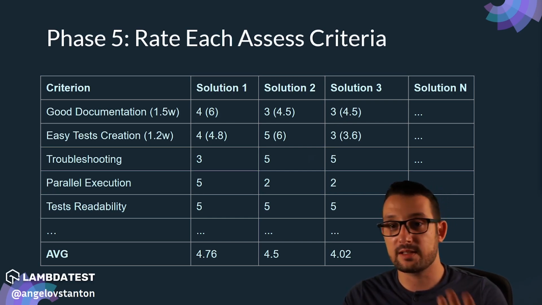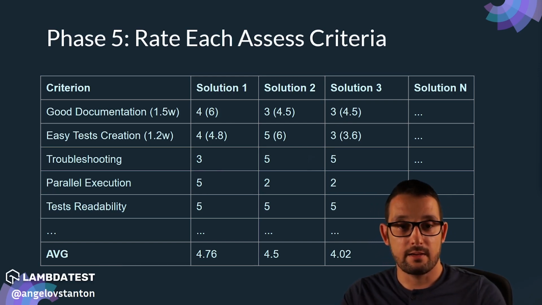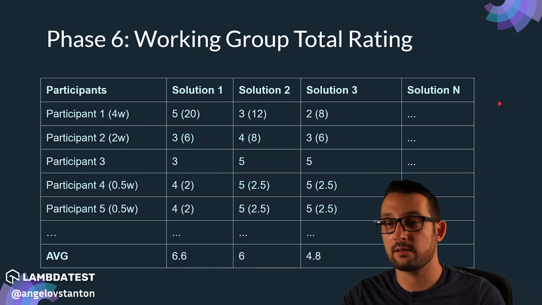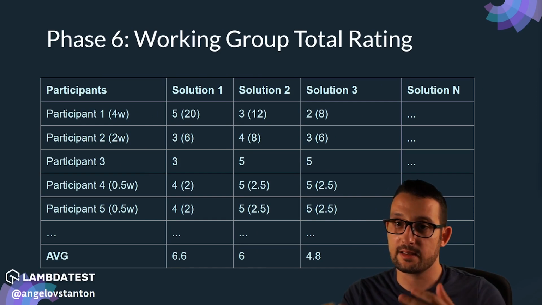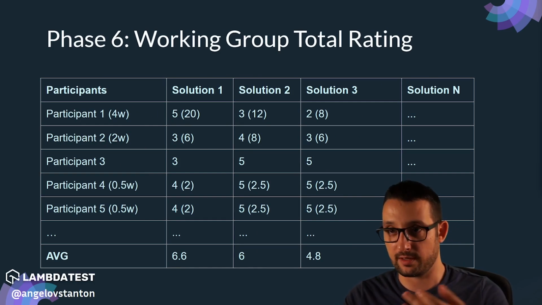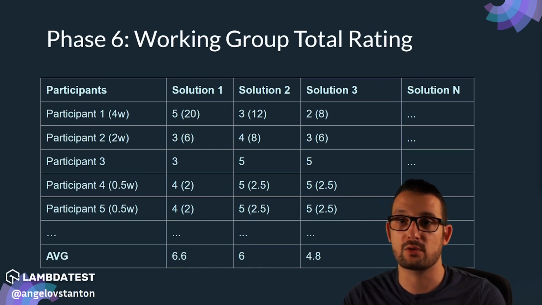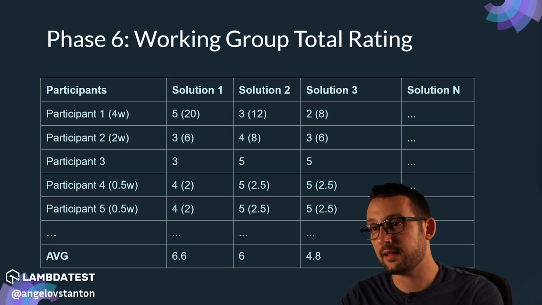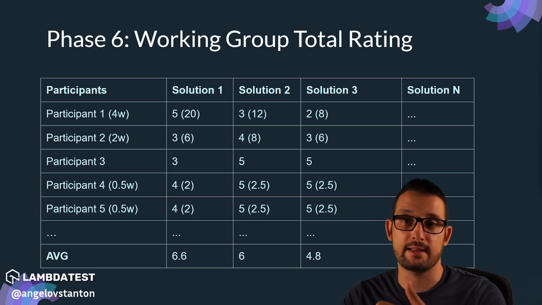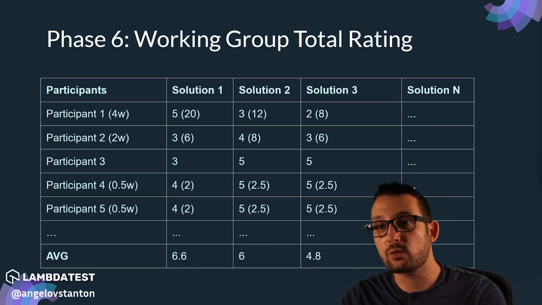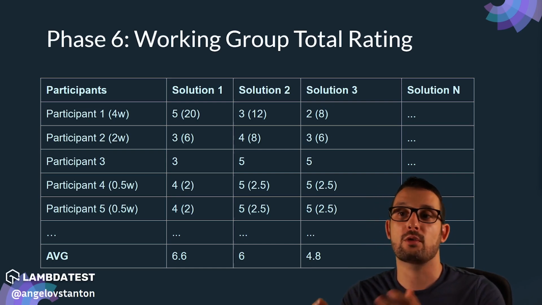And everyone from this working group will need to create such a table. And we'll need to create an average. After that, during phase 6, each person from the working group again should provide their ratings based on the proof of concept. Then you can also put the weight index again based on the participant's seniority, authority, or role.